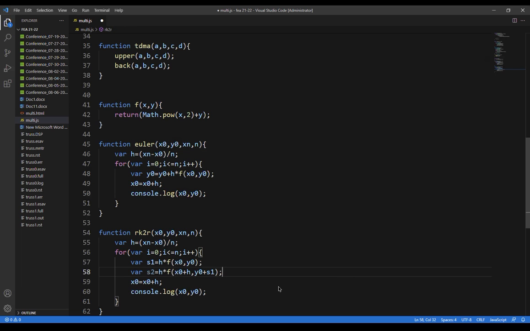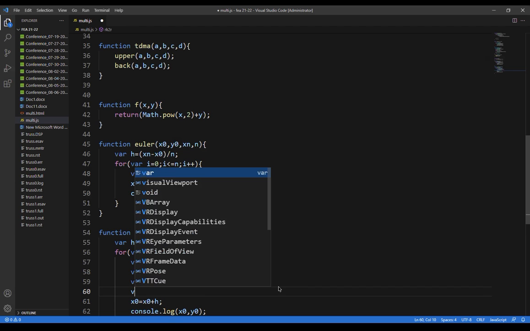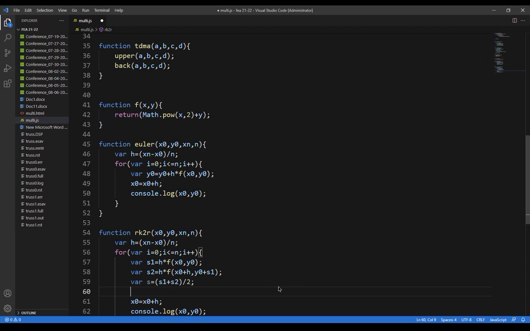So this is my S2 which I am going to get, and then I can calculate S. S is equal to S1 plus S2 divided by 2, and then I can calculate y0.